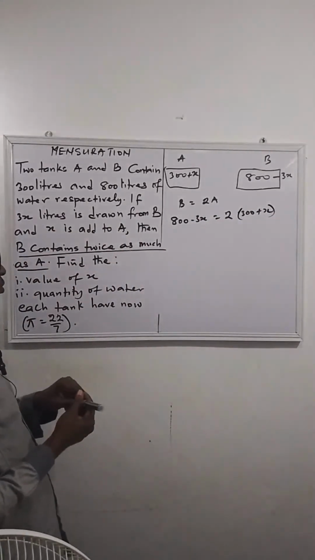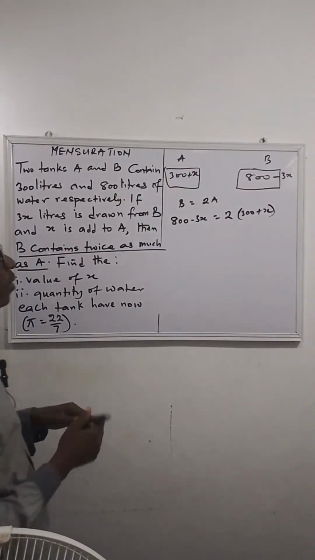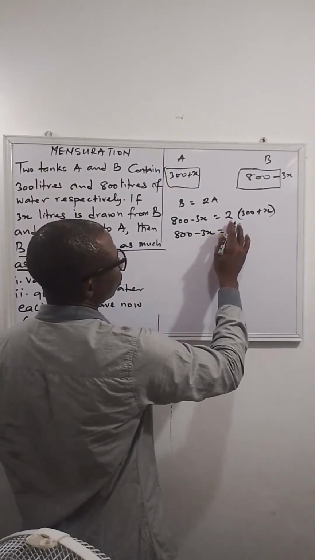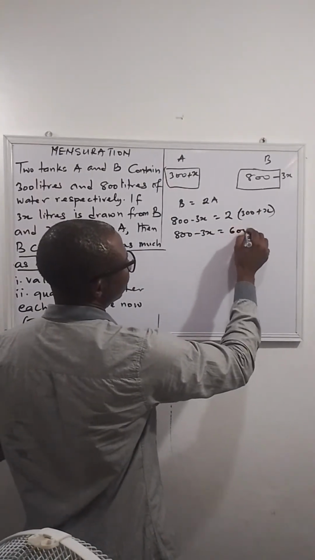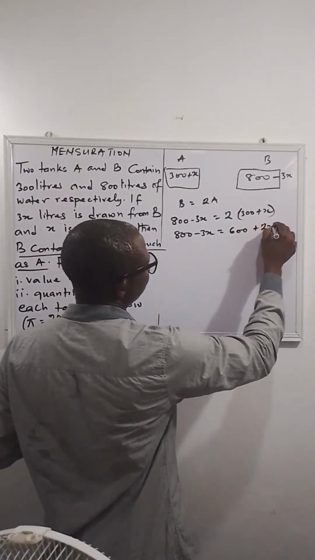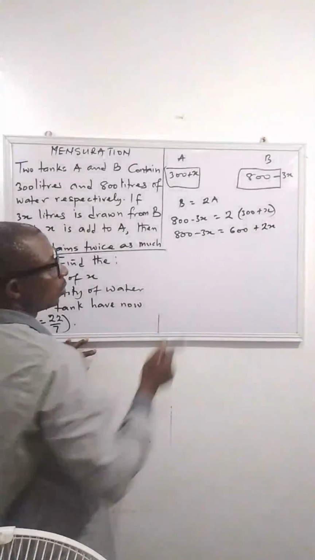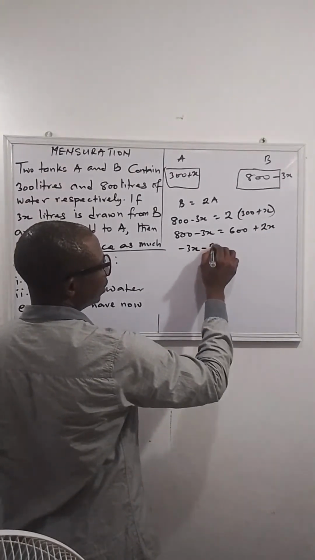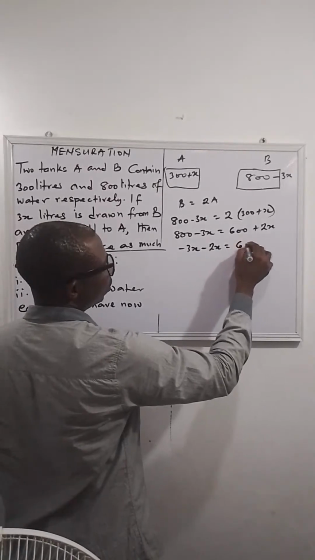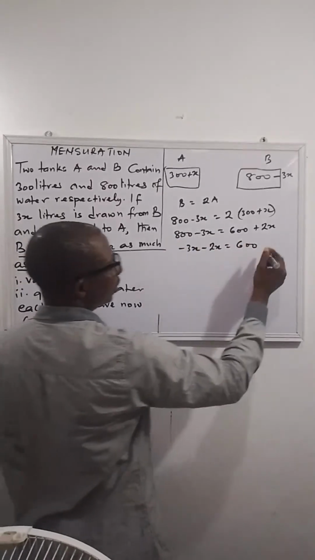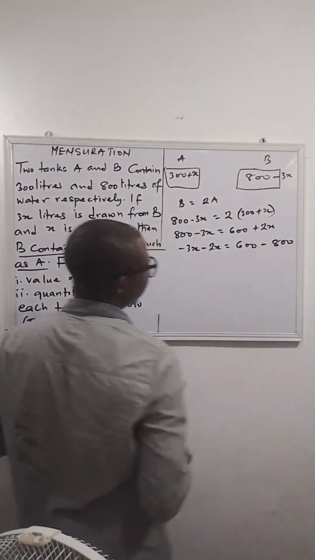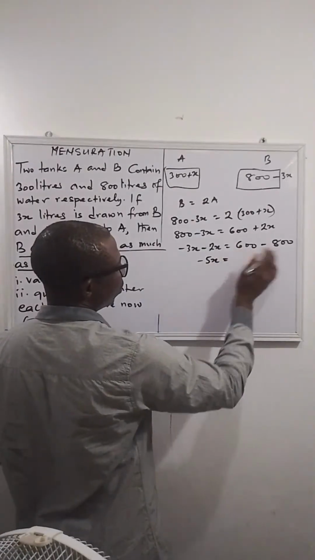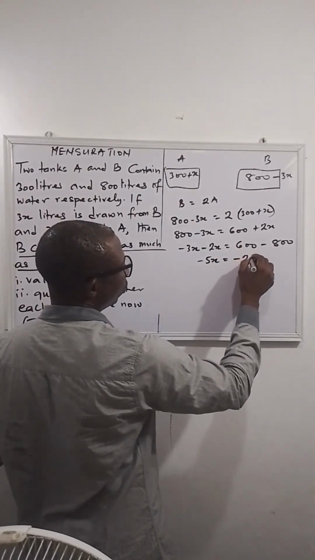So the question says we should find the value of x. Can we do that? All right. So we have 800 minus 3x equals 600 plus 2x. So we have negative 3x. Let's transpose this. We have negative 2x equals 600. Let's transpose 800. We have negative 800. So this gives you negative 5x equals negative 200.